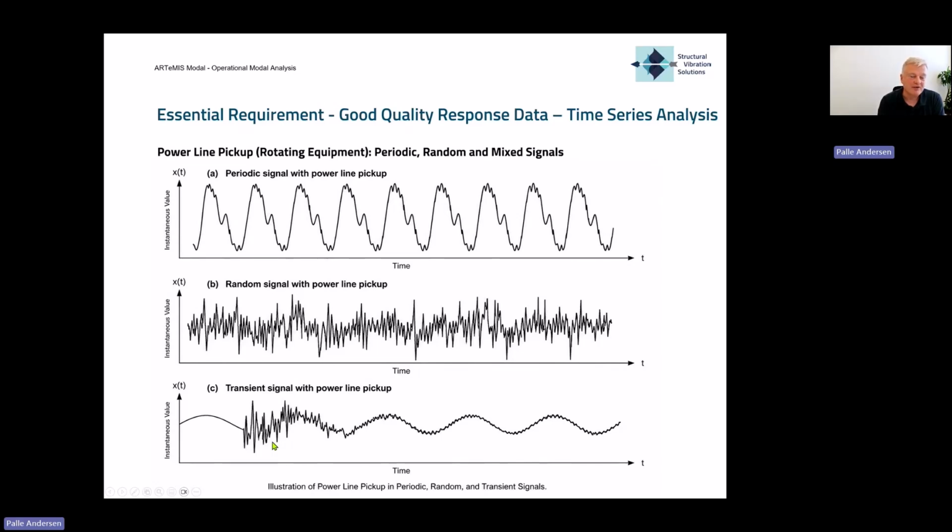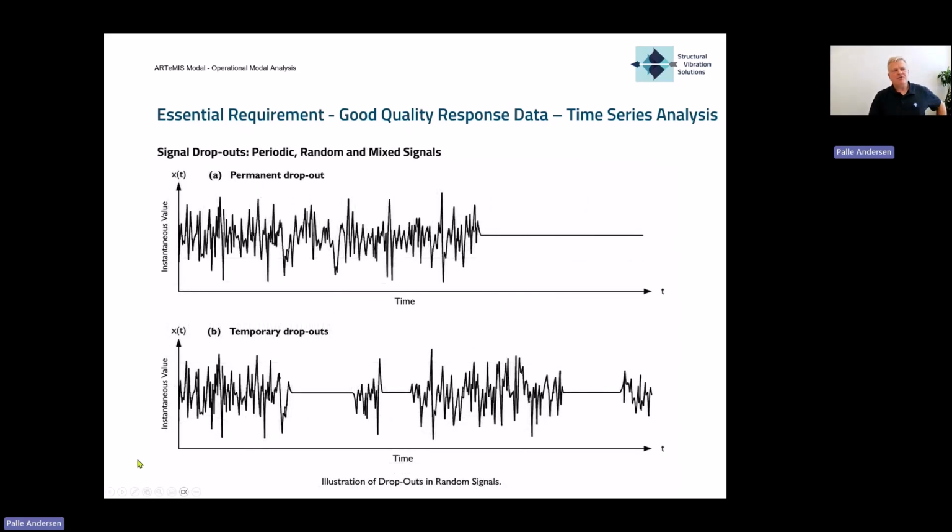But it can also be other kind of rotating components that is acting while you're doing the measurement, and they will give rise to these harmonic peaks in the frequency domain that can be quite significant and therefore quite disturbing for the analysis. So again, something we need to be aware of and do something about if the size of these is going to be very critical. It's something I'll try to show a little bit later, how we can do that in the software.